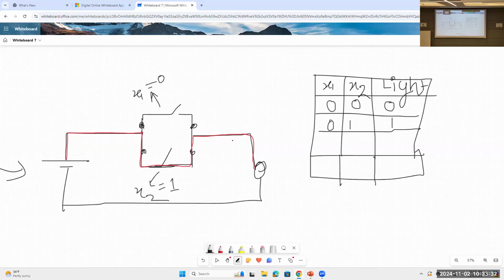Okay. Now let's move to the third possible combination, where x1 will be 1 and x2 will be 0. Let's change the circuit according to this combination.